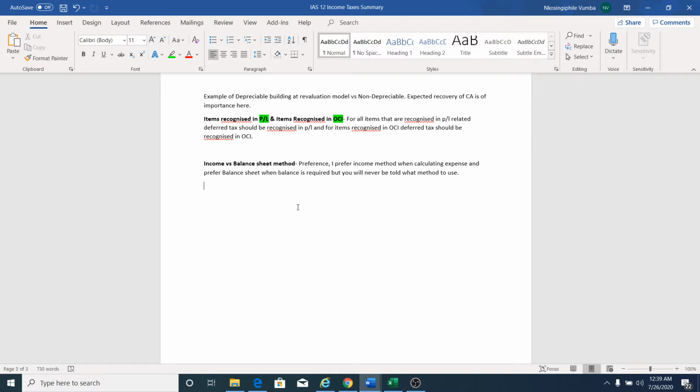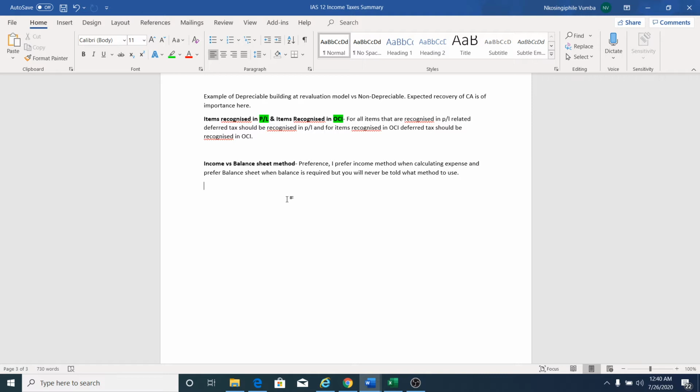The income method says just reverse whatever an accountant has done, and put through whatever the tax legislation says you must put through. The difference between those two gives you a deferred tax, which is the reconciliation between accounting profit and taxable income.